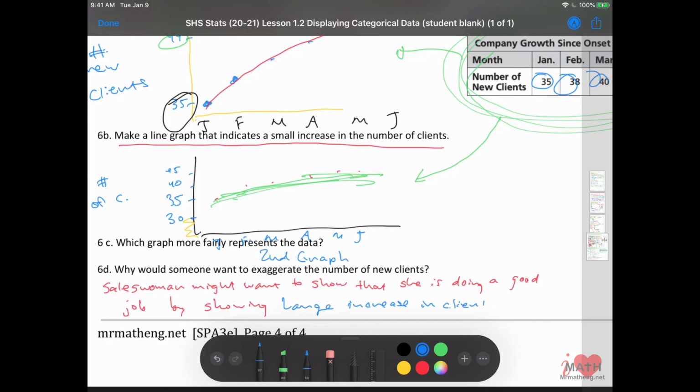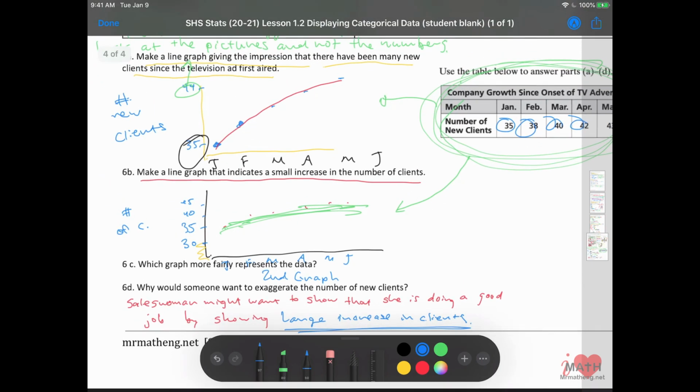Hey, don't fire me, because of this large increase in clients, the vertical distance, does that make sense? This is great. And then your enemy over there is saying, your increase is just a little bit from here to there. So showing that growth could be misleading.